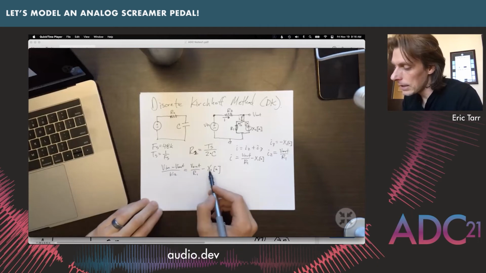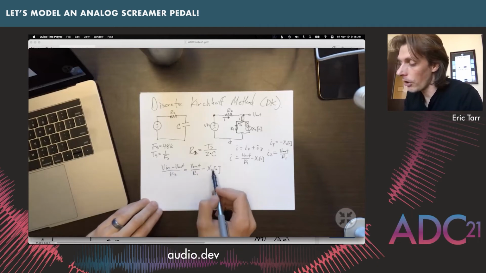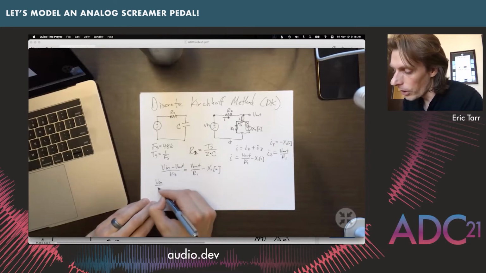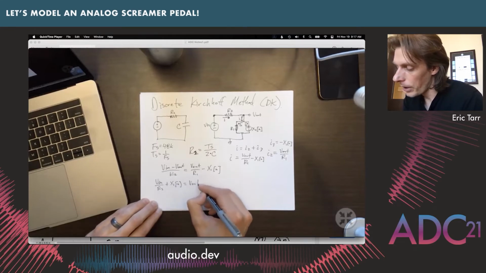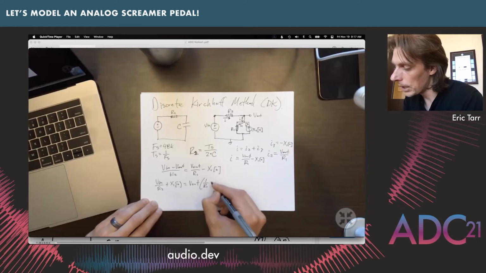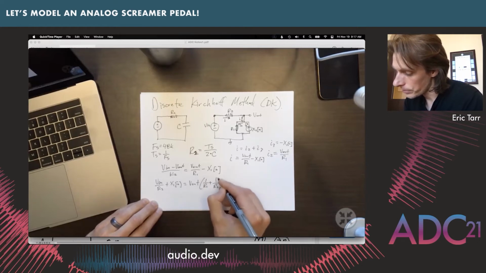So let's move V in or X in over to the other side and V out over to the other side. So we have V in over R2 plus X1 for that sample number equals V out times 1 over R1 plus 1 over R2.